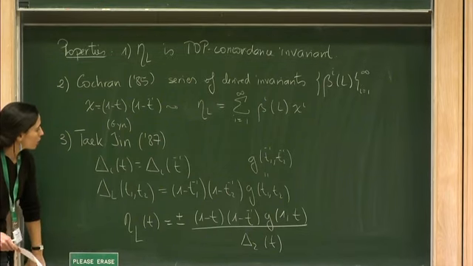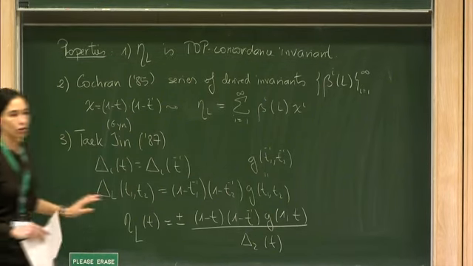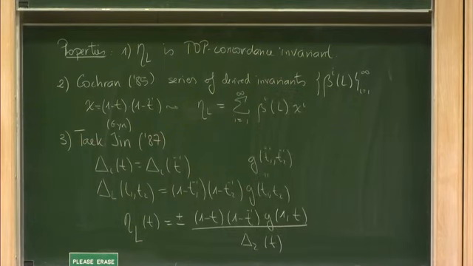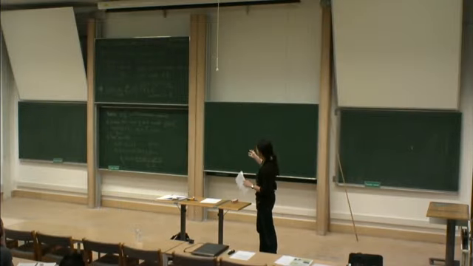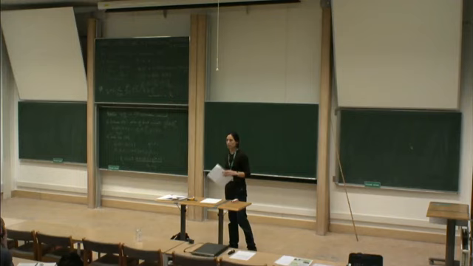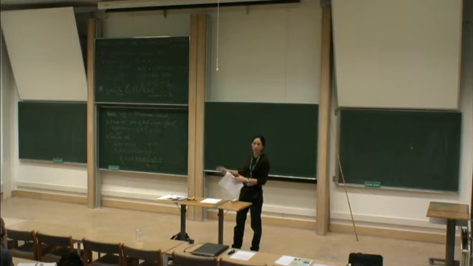Okay, so let me now change completely the setting and what I'm talking about, and tell you about this other part of the title, which is these colored links and slopes. So the idea will be that I want to generalize this Kojima eta function, but I'm not going to give you a function on t variables to start with, but I'm going to define a number associated to a link.